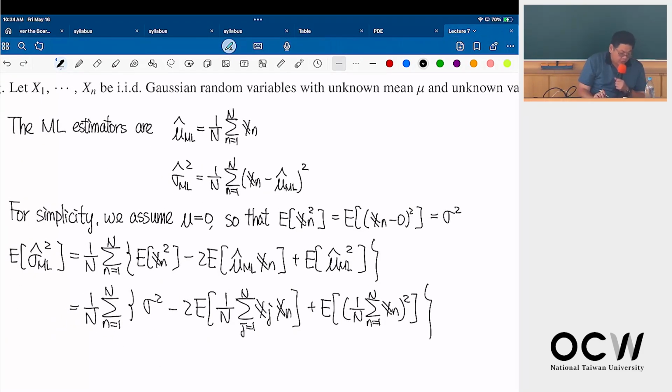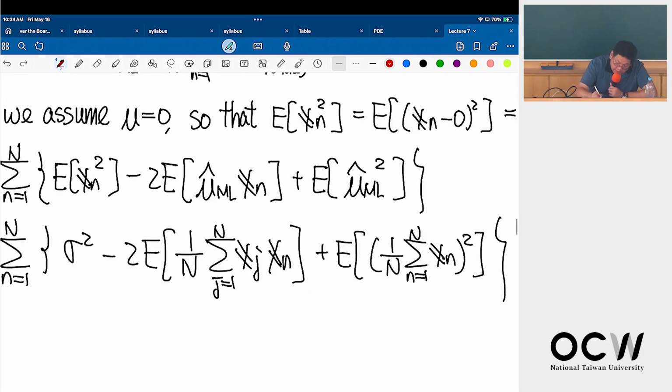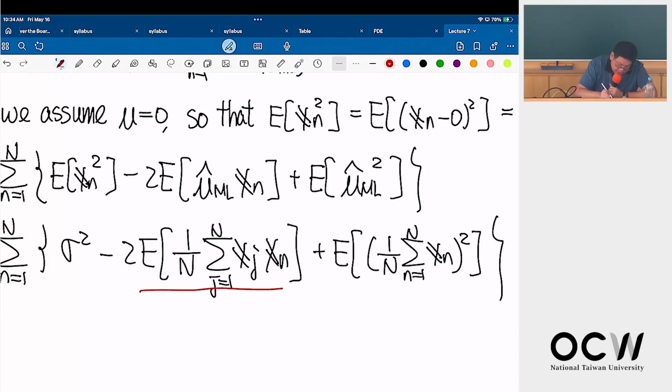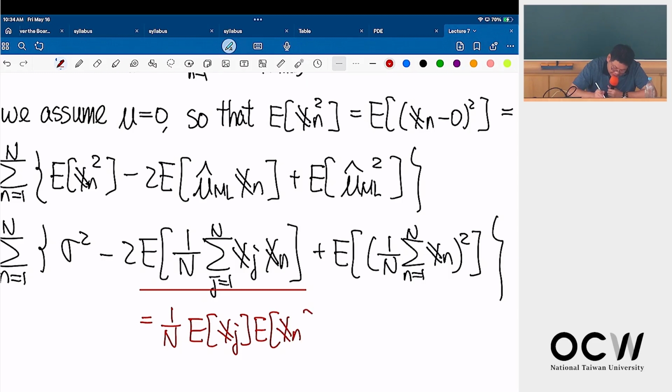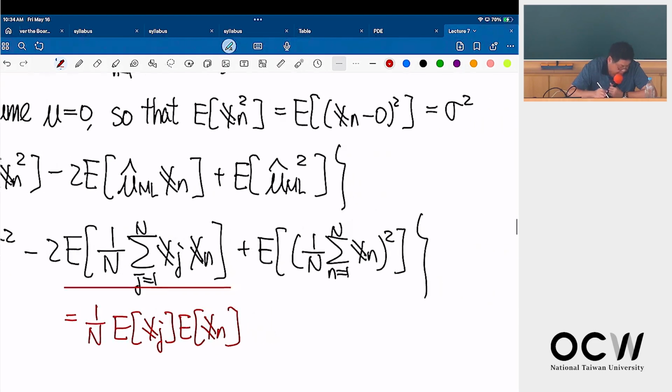Remember they are IID. So the middle term, I can simplify it to 1 over N expectation of xj times expectation of xn, and that is 0 because they are independent.